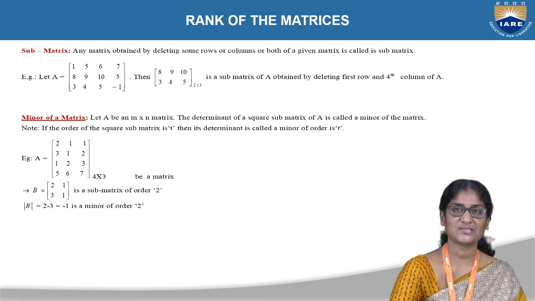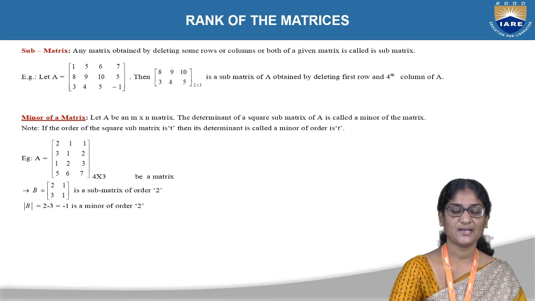I have taken one example, a 3 into 4 matrix: 1, 5, 6, 7; 8, 9, 10, 5; 3, 4, 5, minus 1. That is, we have 3 rows and 4 columns. Now, I have deleted 1 row and 1 column.